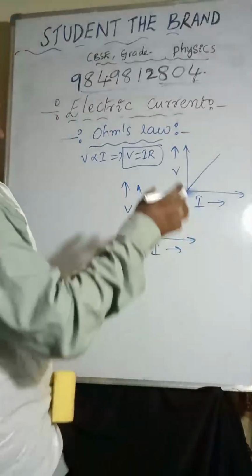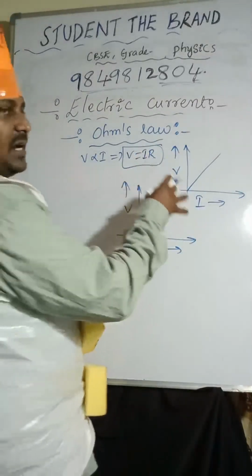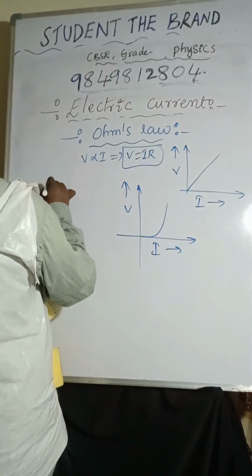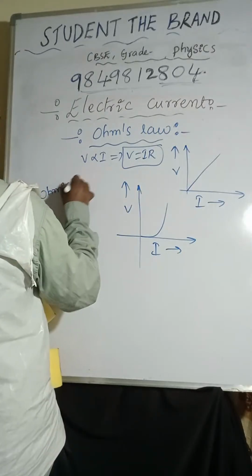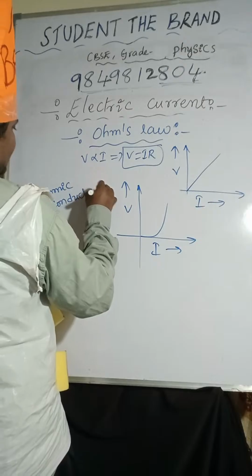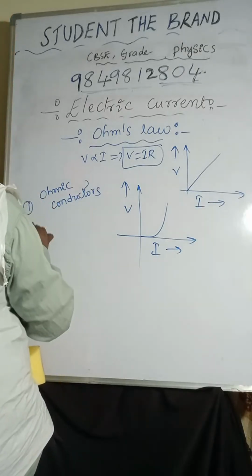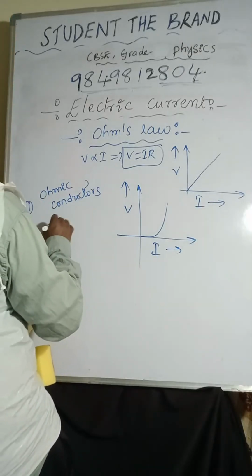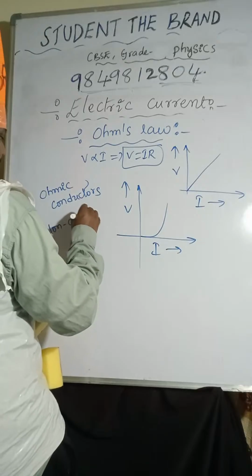Sir, what is the meaning of ohmic conductors and non-ohmic conductors? Ohmic conductors are the conductors which obey Ohm's law.